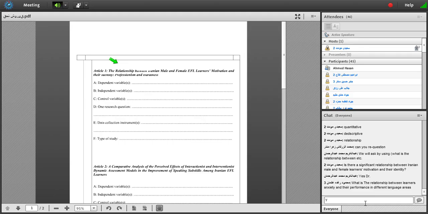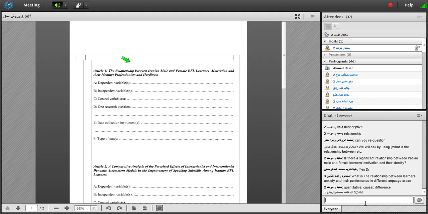Thank you. Now, we have a comparative analysis. When we say comparative, it means that the study is quantitative and causal. Okay, we have causal, and the causal wants to check the difference because we want to compare the groups.